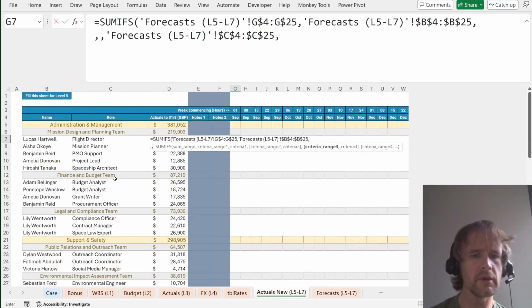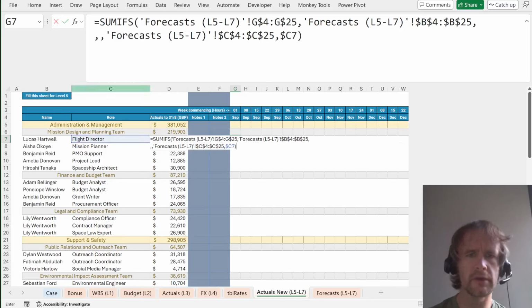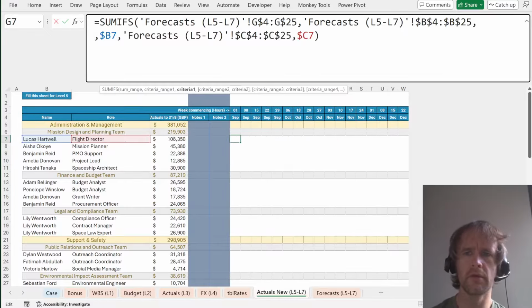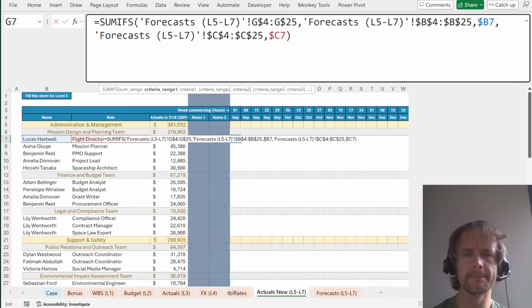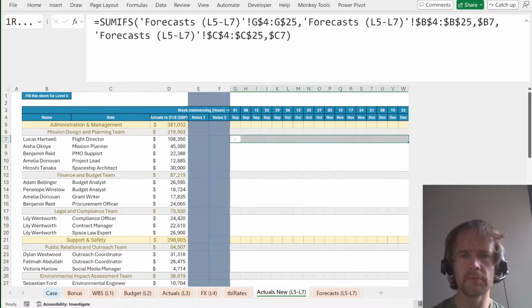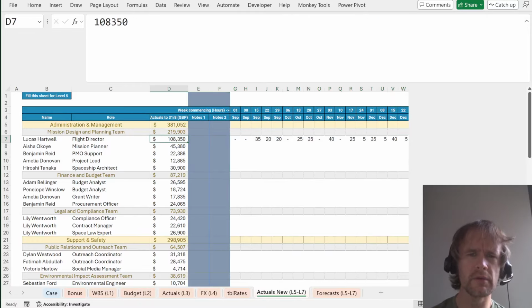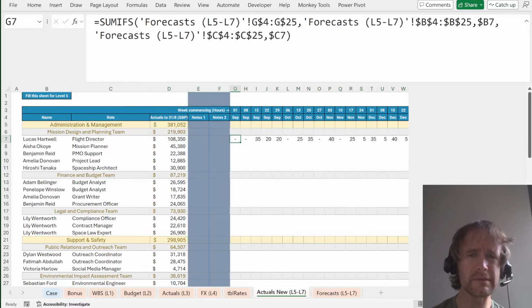So this is going to be $C7, and this one is going to be $B7. Okay. But sorry, these are hours, yes. These are dollars and these are hours? Okay. Fine, I guess.